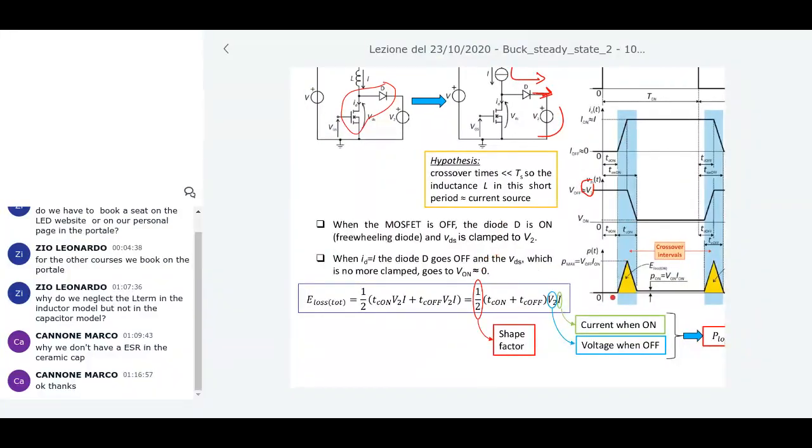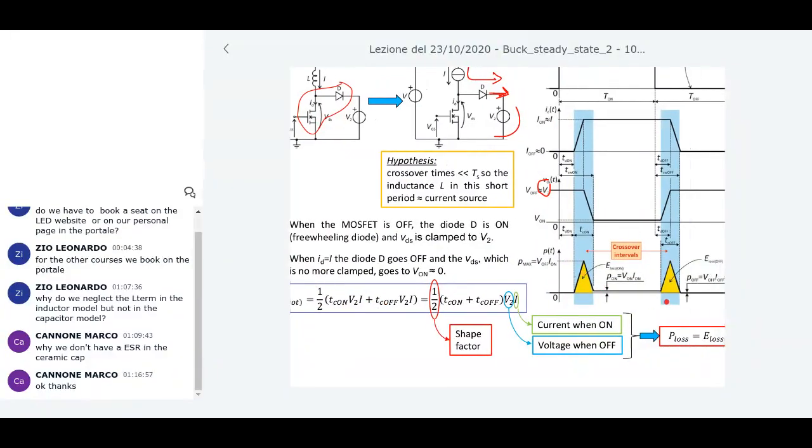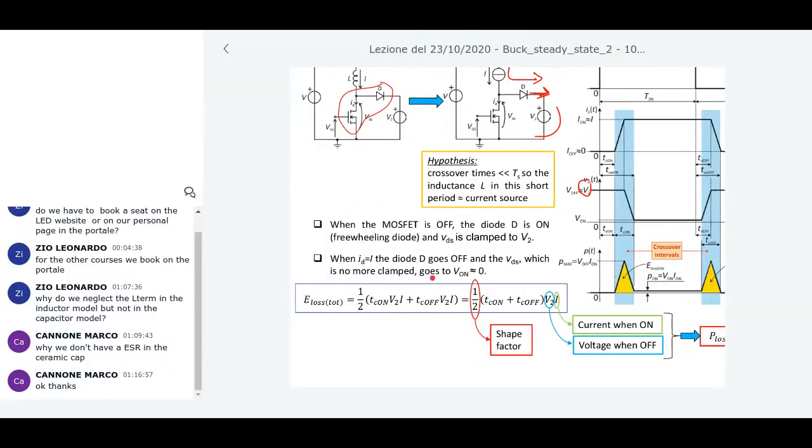Now the energy under this triangle is simple to compute, which is simply the area of this triangle: 1/2 Tc on, the base, multiplied by the height V2 times I, and the same for the Tc off, V2 I, divided by 2.